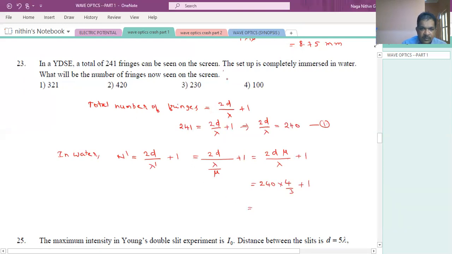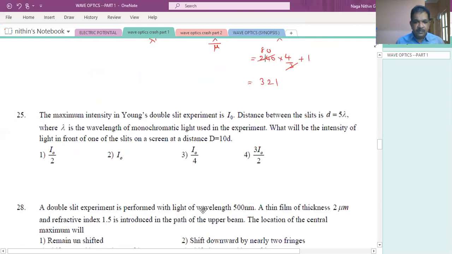Right, here mu is equal to 4 by 3. So finally the 3 will cancel, 80 times 4 is 320, plus 1, that is equal to 321.